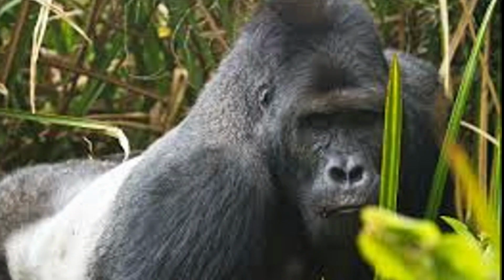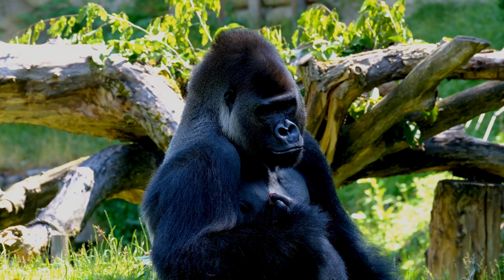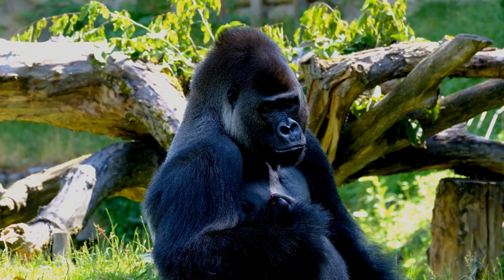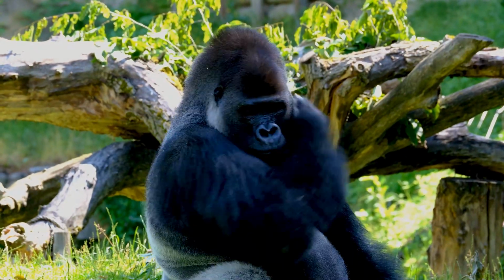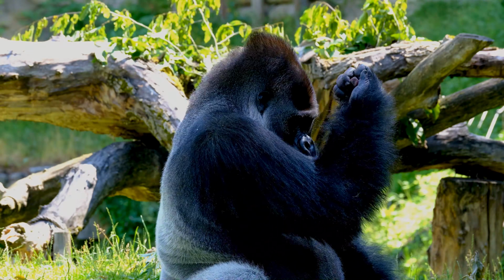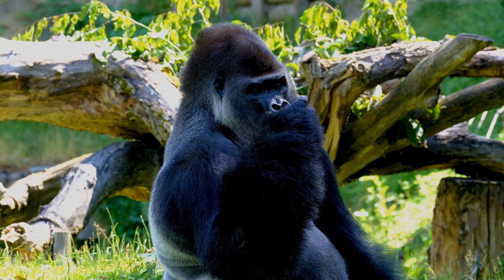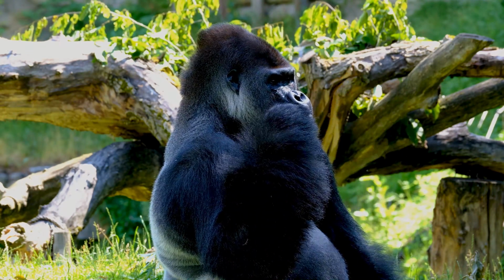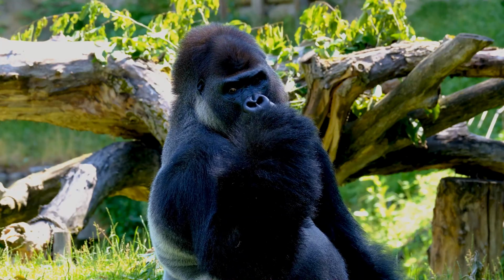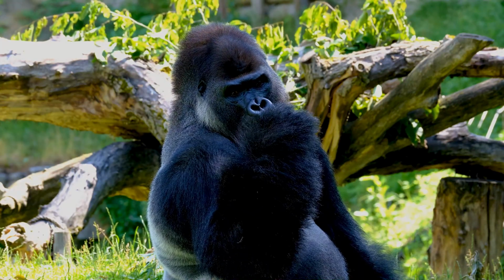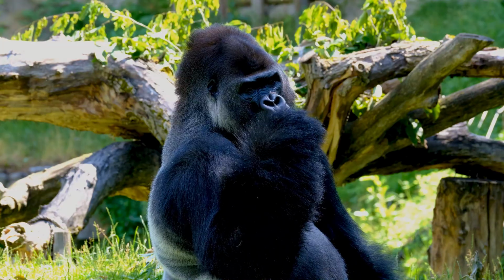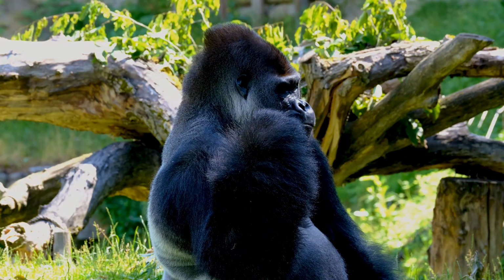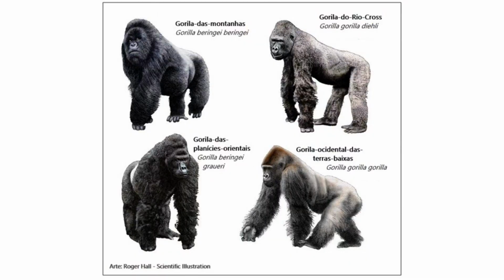Gorillas occupy a diversity of forest habitats, from dense lowland forests to cold and misty mountain forests, depending on the species and subspecies. Their fur color varies from black to reddish-brown, and fur density differs according to the environment. Mountain gorillas, for example, have longer, thicker hair to protect themselves from the cold.